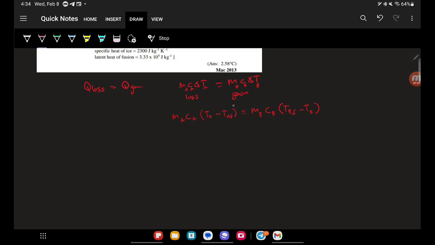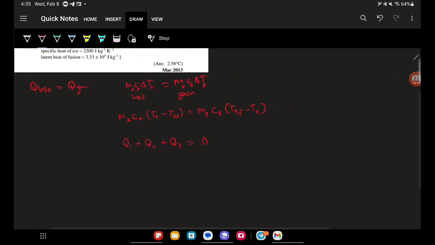For this kind of case, when you only deal with delta T, the change of T without any latent heat involved, you can always simply add everything this way without concern whether it's loss or gain, and then everything needs to be equal to zero. The reason it is equal to zero is because there's no net heat transfer outside or inside the system.